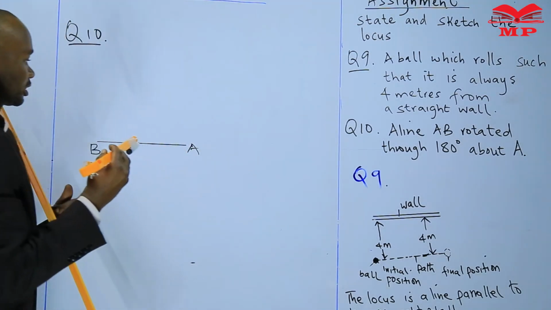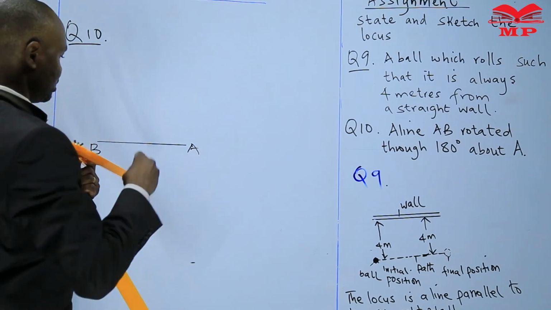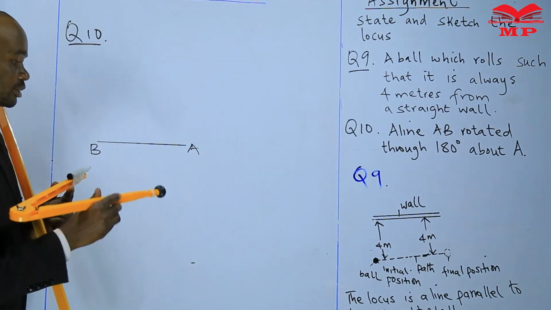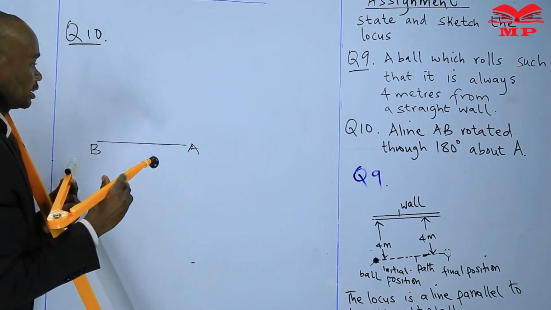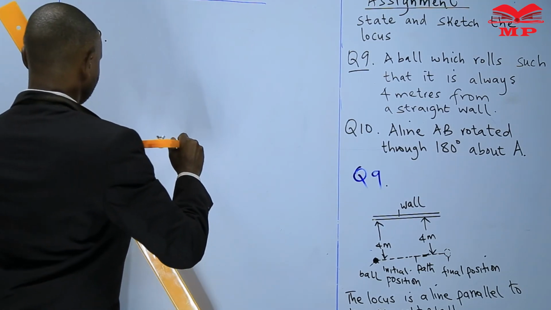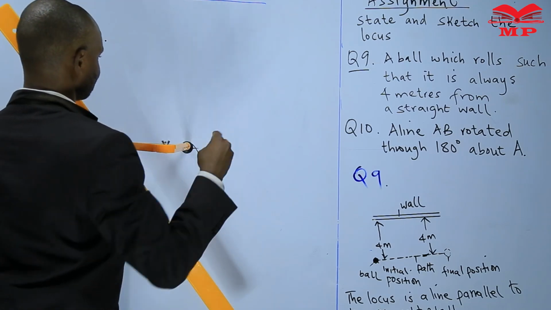In that case, AB will be like the radius of the trajectory, and every point on the line is moving.